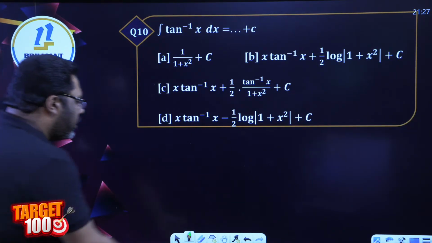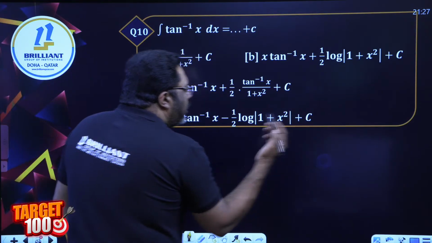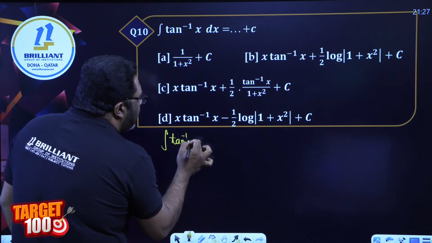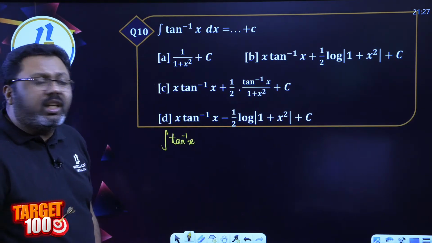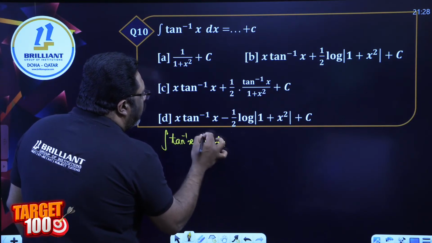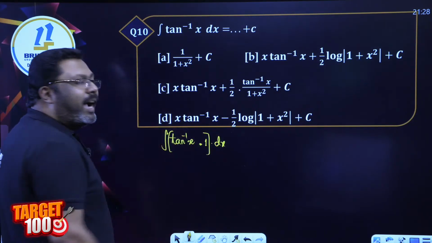Integrate tan inverse x. It's a normal question. You don't know how to integrate tan inverse x? It's an inverse trigonometric function which is not an integrable function. You simply multiply it with 1 and you do what? Integration by parts.